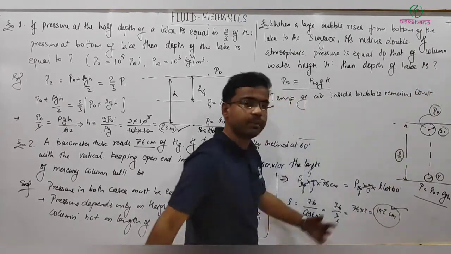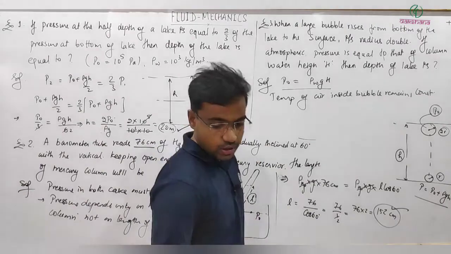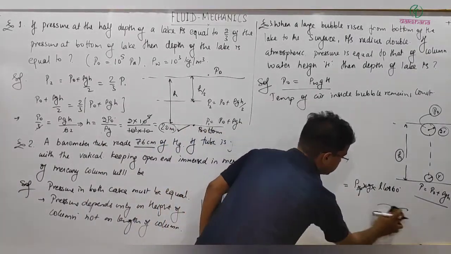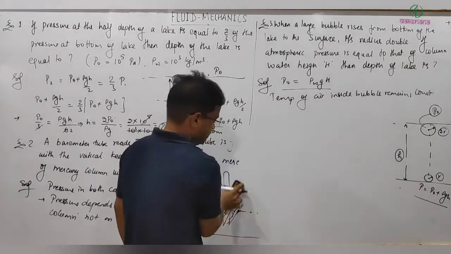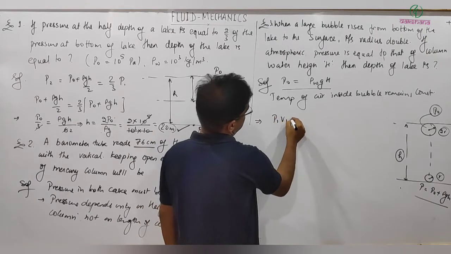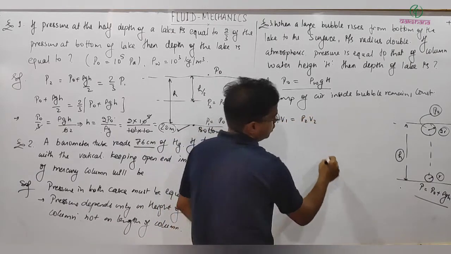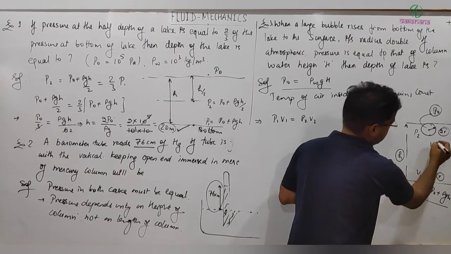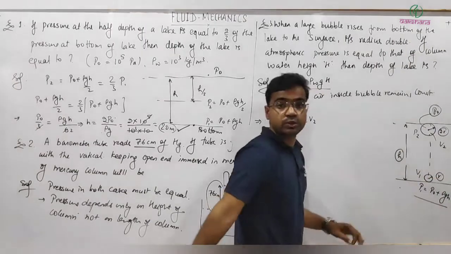Normally it happens, and I'm assuming it in this situation. So now we need to apply a relation from thermodynamics, P1 V1 is equal to P2 V2. This is P1, this is P2, and the volume here is V1, here volume V2.